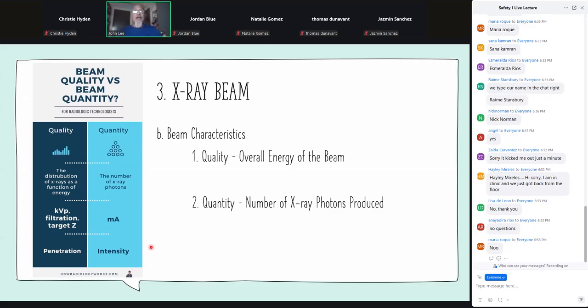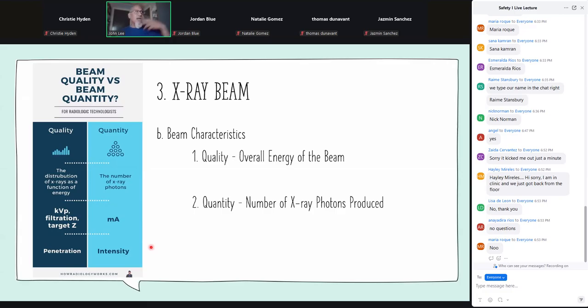Quantity, of course, is the number of X-ray photons in our exposure and defines the intensity of our beam. Now, even as second year students, I find that we have a little bit of confusion between quality and intensity. Intensity is a quantity, a measurement of the number of X-rays.